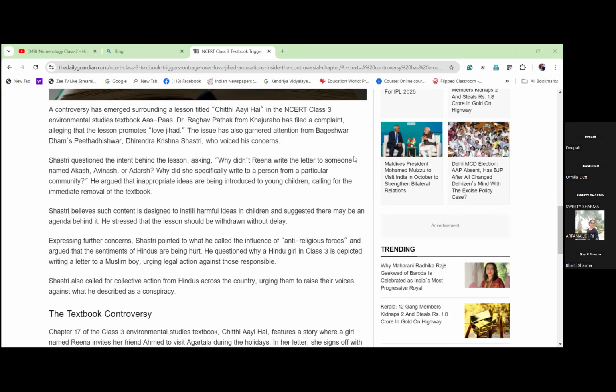It was an environmental study book in which a Hindu girl is writing a letter to a Muslim boy. So this has got a lot of controversy, and the controversy is still going on. It has blown up now. So let us see what happens.